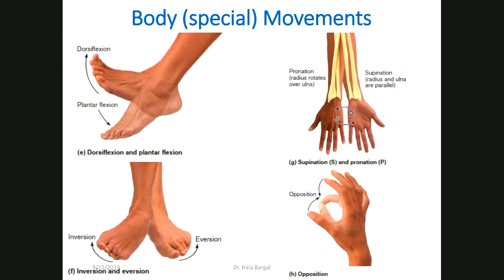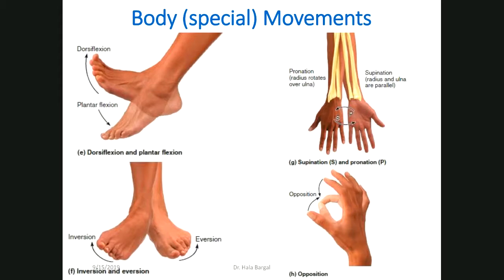In the hand, we have pronation, which means the palm of the hand is down, while in supination, the palm is facing upwards. We have plantar flexion, where the big toe touches the floor, as happens with a ballet dancer, and dorsiflexion, if you raise the foot.